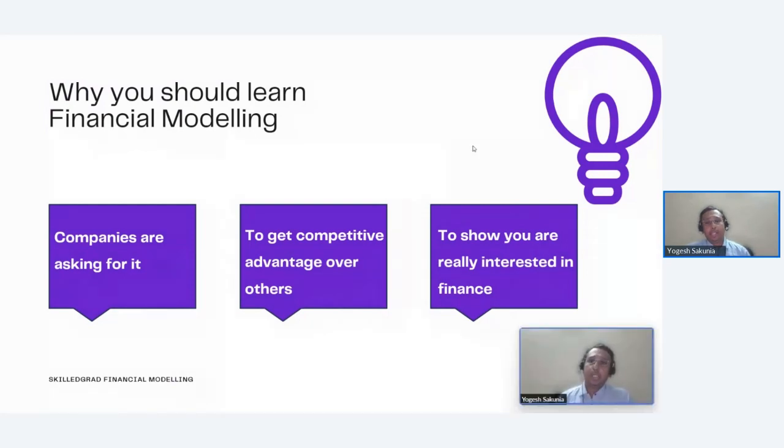Why you should learn financial modeling? Now this is something that obviously people ask us. To be very frank and straightforward, it is a key requirement that companies are looking out for today, right? If you look at profiles available in equity research, investment banking, portfolio management, project finance, credit research, they will always ask for financial modeling as a key skill.